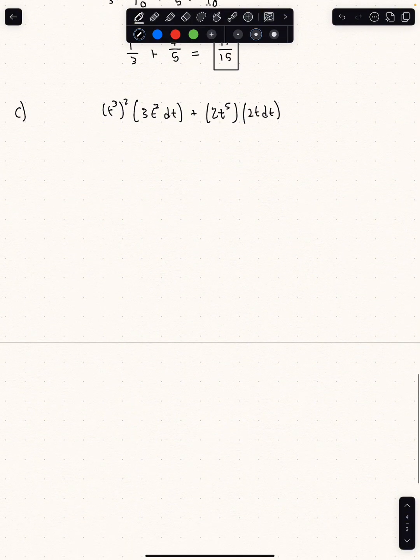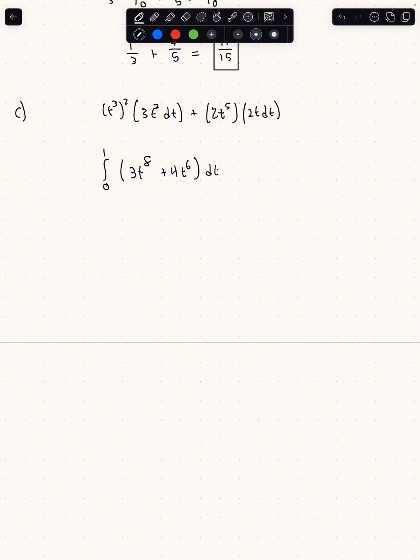And then using this in our work equation, it's the integral from 0 to 1, and then we will have 3t to the 8th here, plus 4t to the 6th dt, I believe.